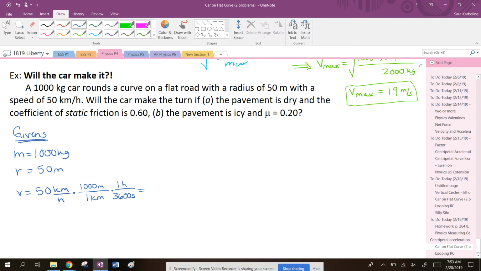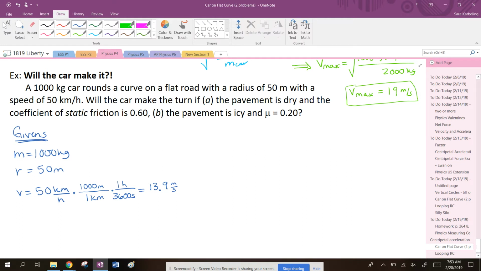Pulling up my calculator, 50 times 1,000 divided by 3,600 gives me a tangential speed of 13.9 meters per second. It's 13.88888888, so we'll just round to 13.9. Okay, that was fun. Little review in there.